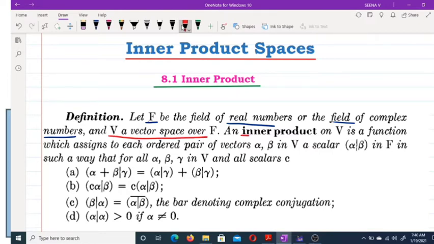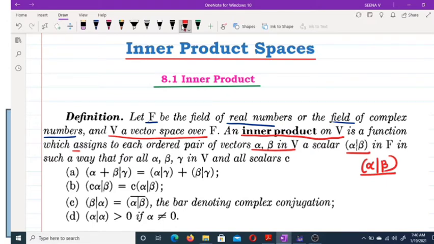Now, an inner product on V is a function which assigns to each pair of vectors alpha and beta in V a scalar. This notation, with the vertical line, is called the inner product of alpha and beta, and it is a scalar in F satisfying these conditions.